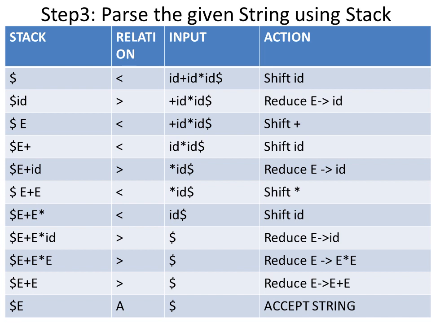We need to reduce ID as capital E in the stack. So in the third step, dollar ID is replaced with E. So dollar E will be in the stack. Now the input string remains same.